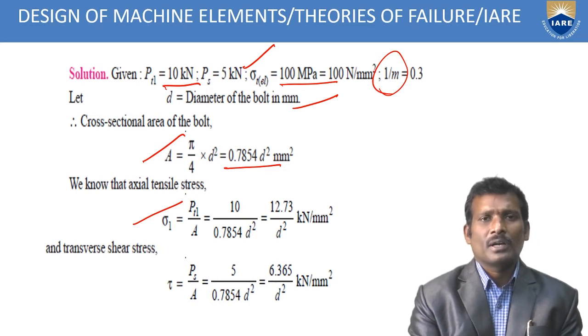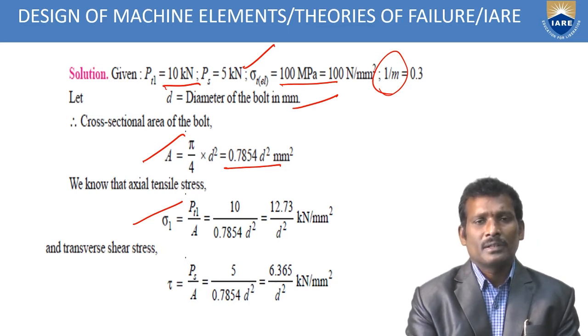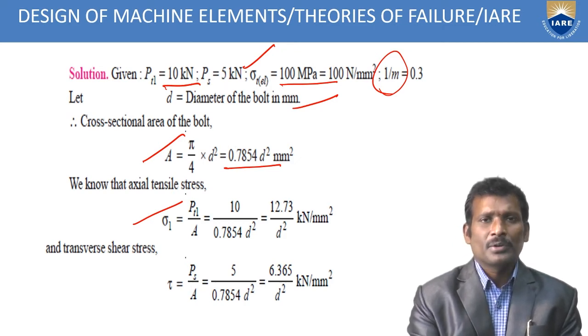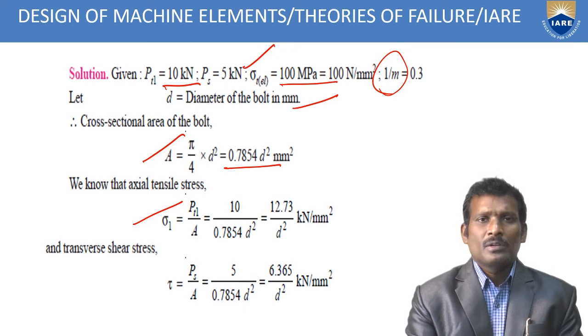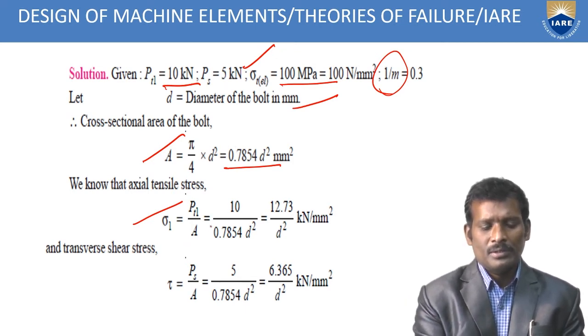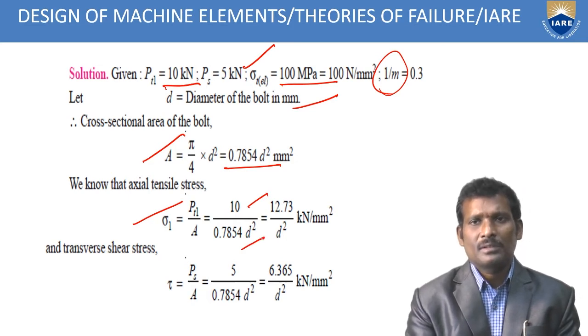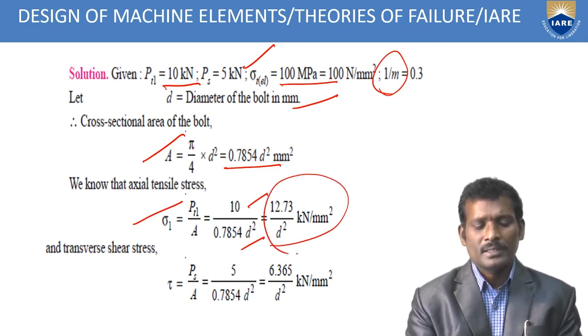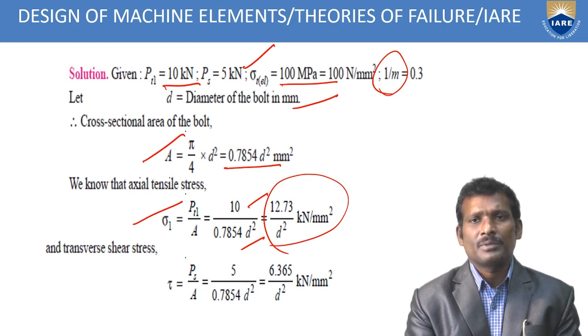It may be tensile load or compressive load, and the axial tensile or compressive stress is calculated according to the given loads. With the given load of 10 kilonewtons and the area in terms of d, the tensile stress is 12.73 upon d square kilonewton per mm square.